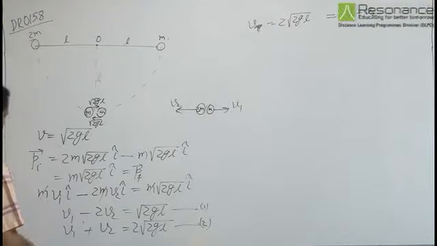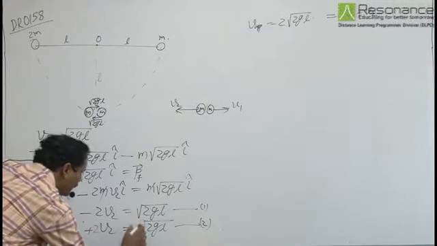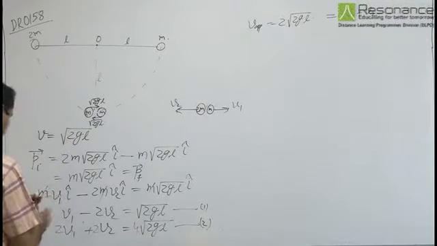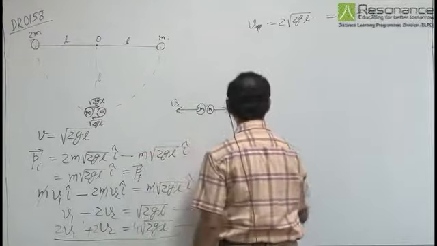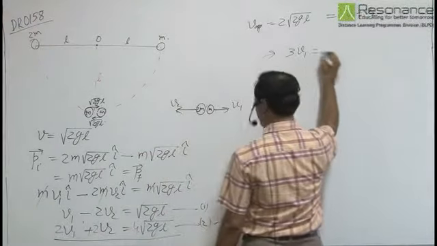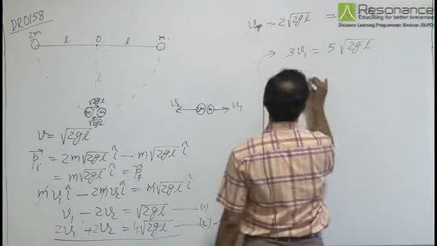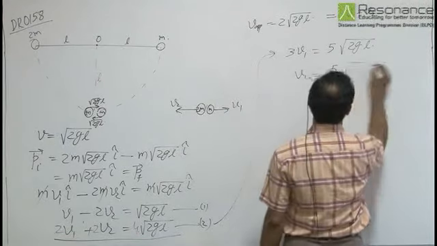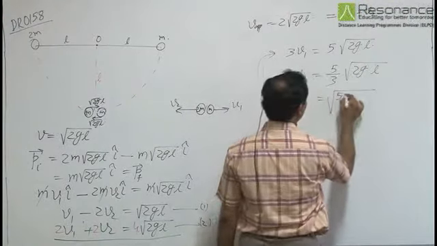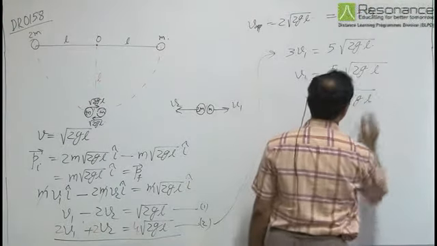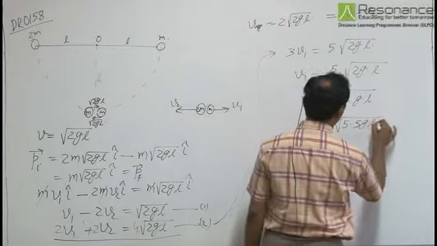Now multiplying the second equation with a factor 2, this is 2v1 plus 2v2, and it becomes 4 root 2gL. Adding these two equations, we can write 3v1 is equal to 5 root 2gL, or v1 is equal to 5 by 3 under root 2gL, or it can be written as under root 50 by 9 gL, or it is approximately root 5.5 gL.